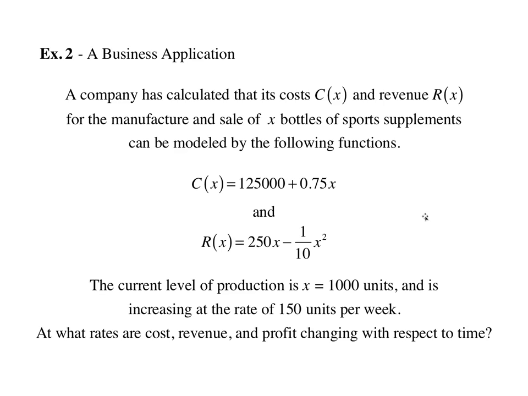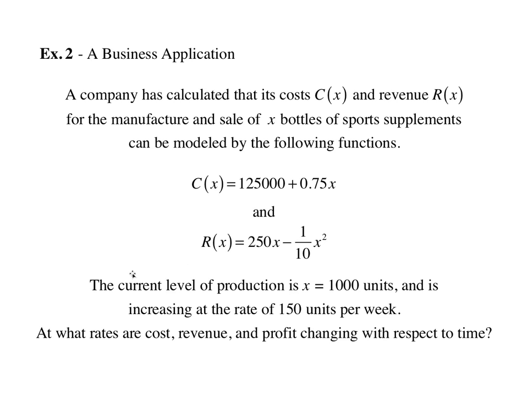X is the quantity of bottles they make, and the cost at this level of production is 125,000 plus 0.75 times however many units that is. That's the cost function, and the revenue is 250x minus 1/10 x squared.